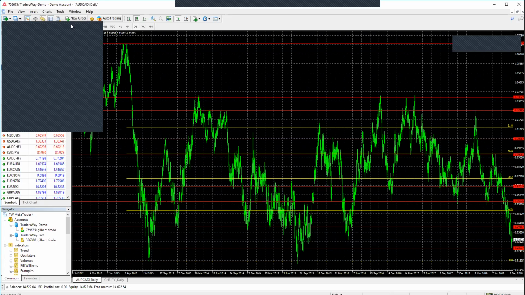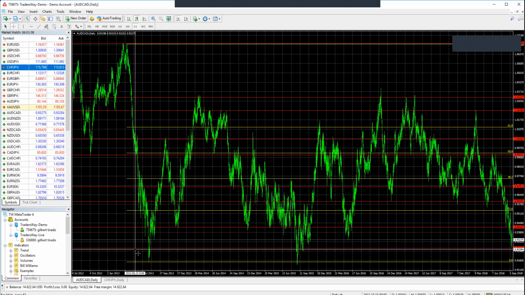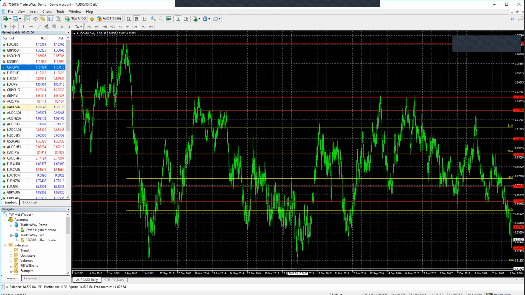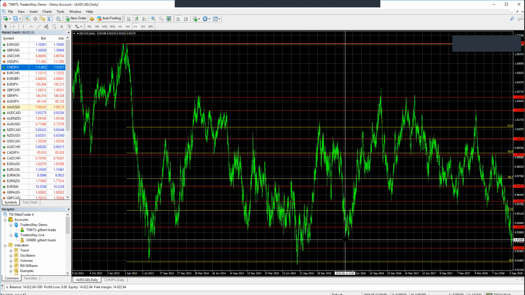So you're seeing these big movements. So that's 1100 pips right there from bottom to top. That's 970 pips from bottom to top. Even these smaller ones, that's 1,000 pips.